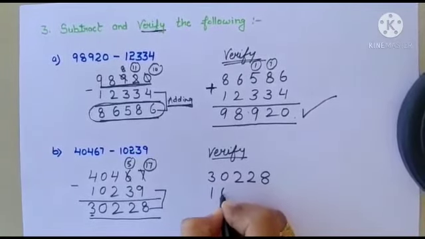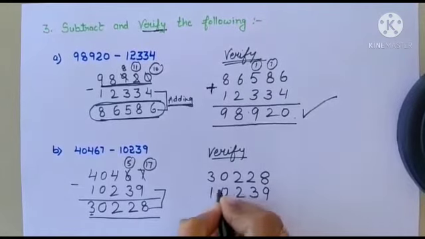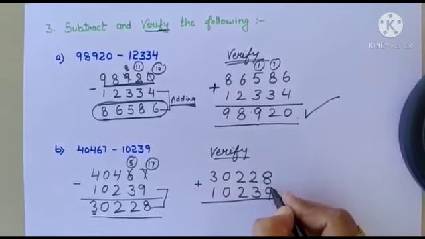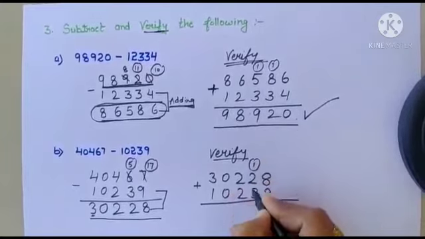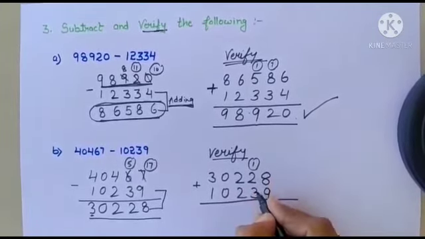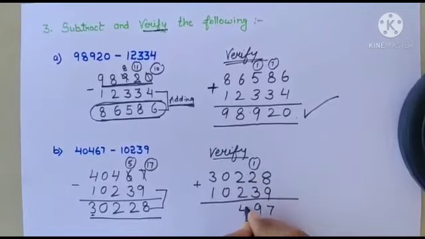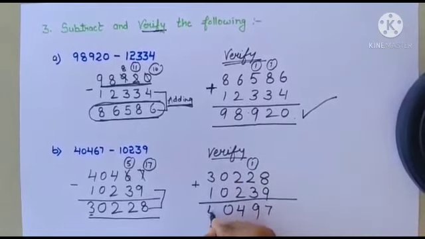After that 1,0,2,3,9. Add it. 8 plus 9, 17. 7 plus 1, 2 plus 1, 3. 3 plus 3, 9. 2 plus 2, 4. 0 plus 0, 0. 3 plus 1, 4.